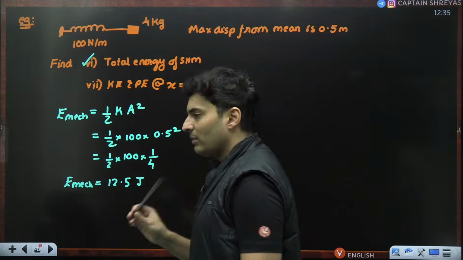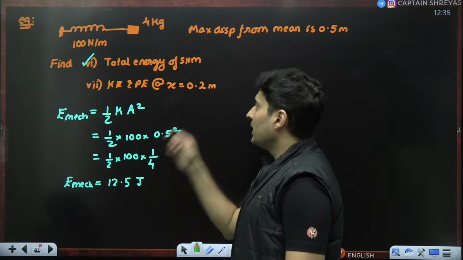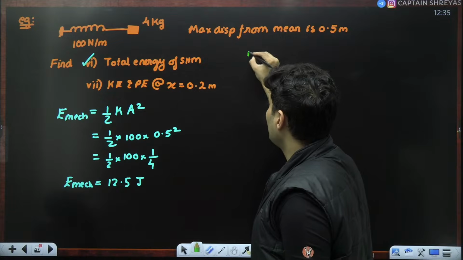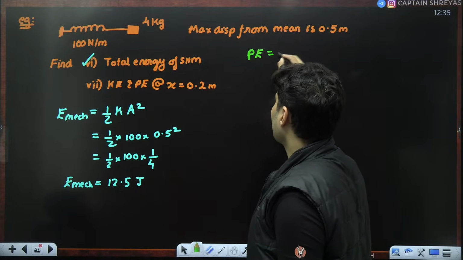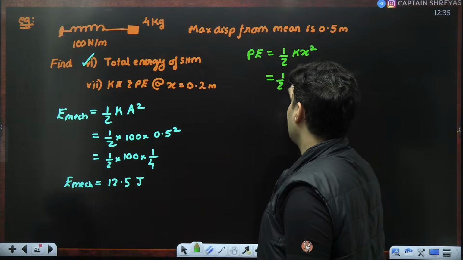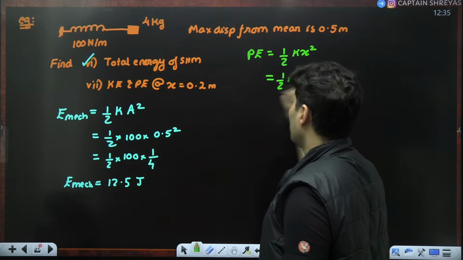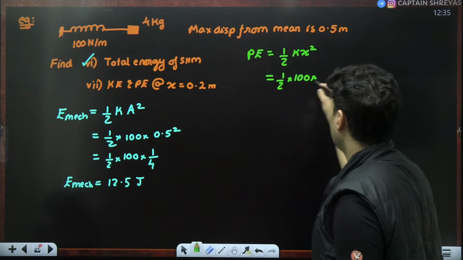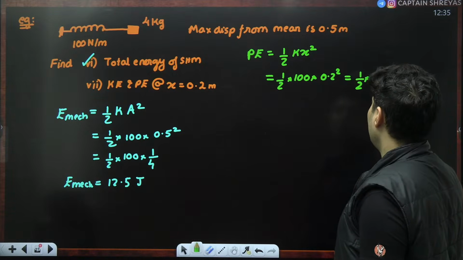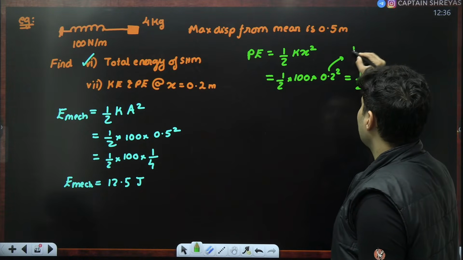Total energy is 12.5 joules. How much is kinetic and potential at 0.2 meters? I think finding potential energy is usually the easier method. Potential energy is half k x square. Spring constant is 100. The position is 0.2, so 0.2 square. So 1 by 2 into 100. 0.2 is basically 1 by 5.